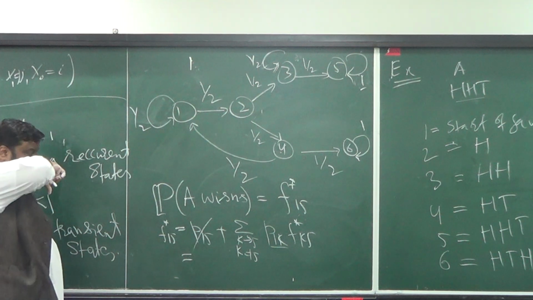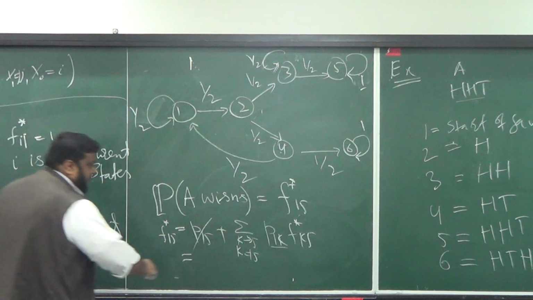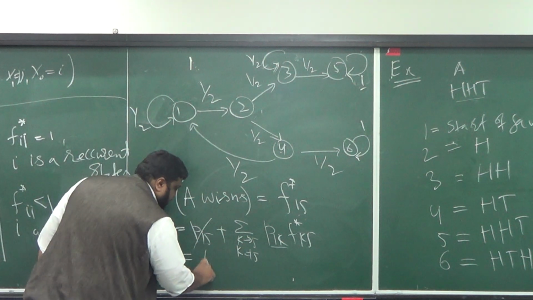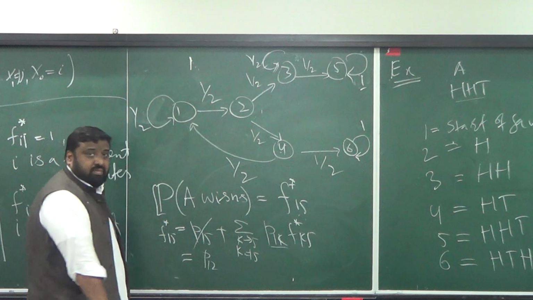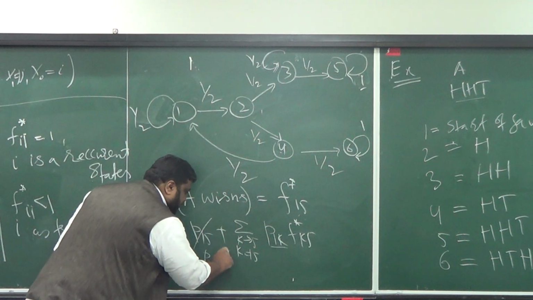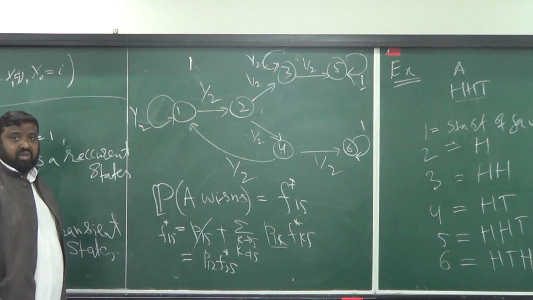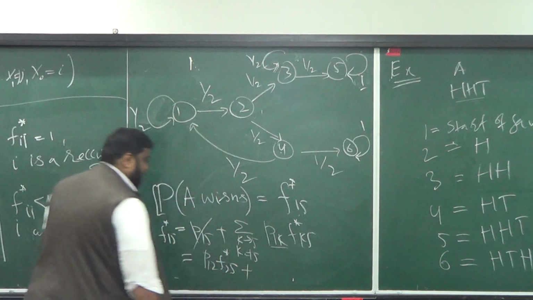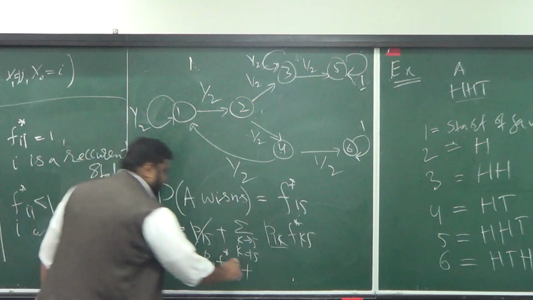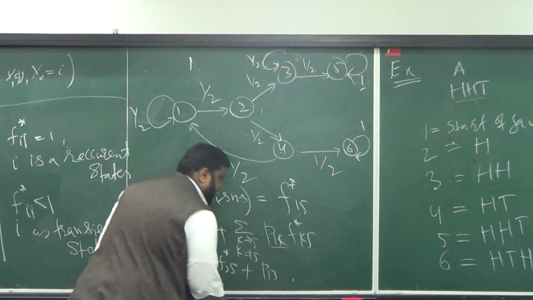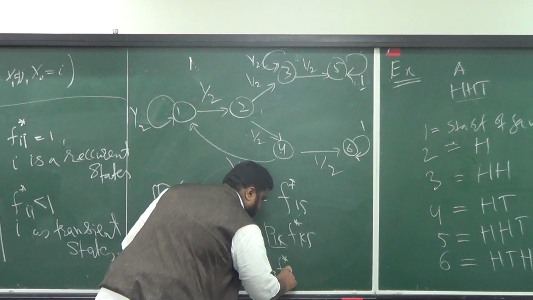For example, if I explicitly write this expression, it's going to be p12 and f star 25. Okay, that would be 1. Plus, what would be the other? p13 and f star 35.